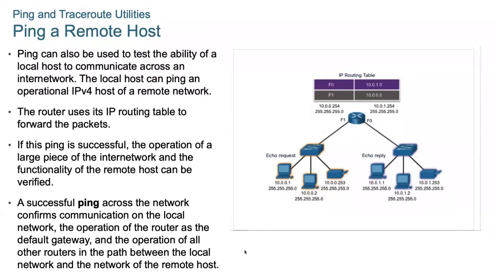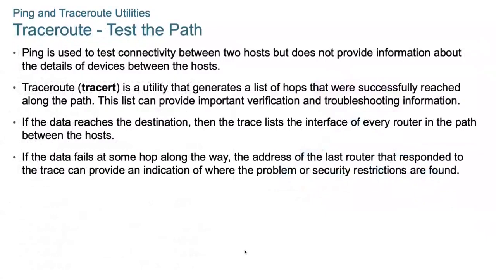They are on different networks. So traceroute, to test the path, is another one. Ping is basically used to test the connectivity between two hosts, but does not provide any additional information about the details of the devices between the hosts.